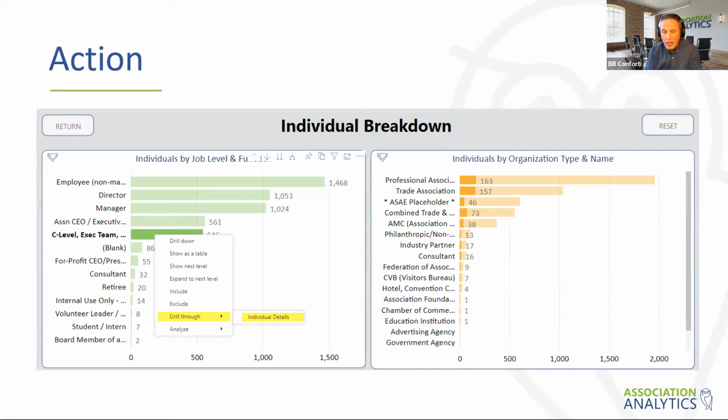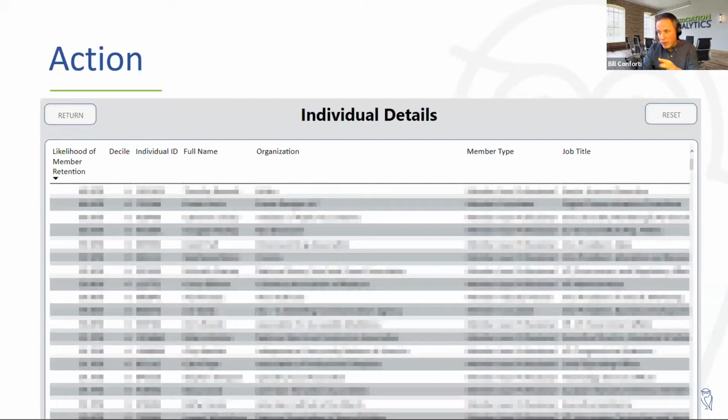I can act on this ahead of my usual renewal campaign. If I'm able to specialize and target my message effectively, this is going to have really big results with relatively small effort. Then I'll drill through and get a list with real names and addresses, and I can take action. This is like a marketing list that I've developed, and it took me a couple of clicks to do that.